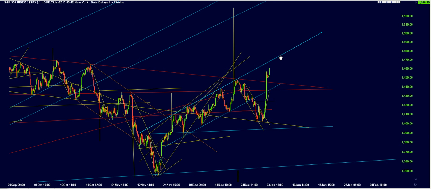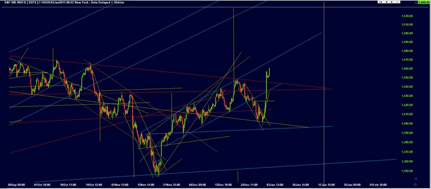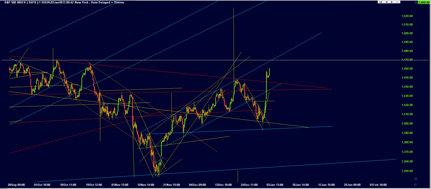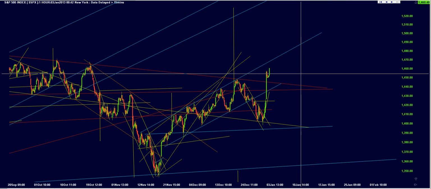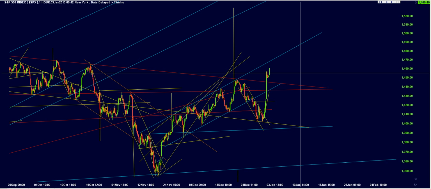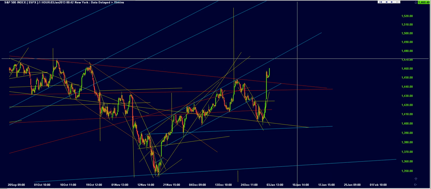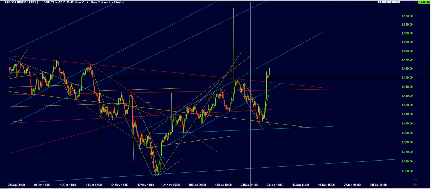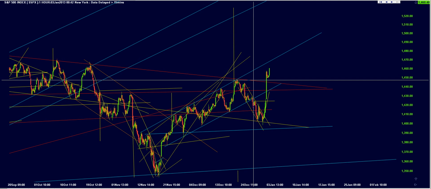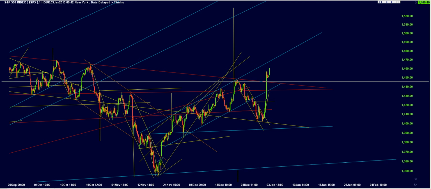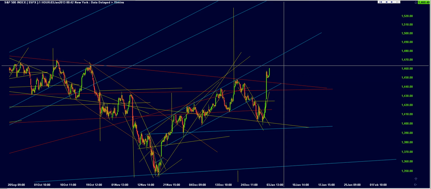We may well and truly get up over this area to get to that minimum expected target of around that 1530 area. So everything's looking very healthy right now. We did have a bearish possibility there that could have swayed the markets down, but we'll just keep our eye on it. And for now though, we're over that level there of resistance from our triple top formation. So 1530 is the target there.